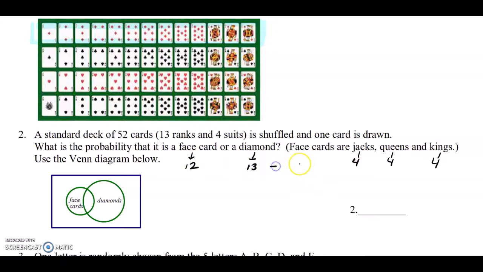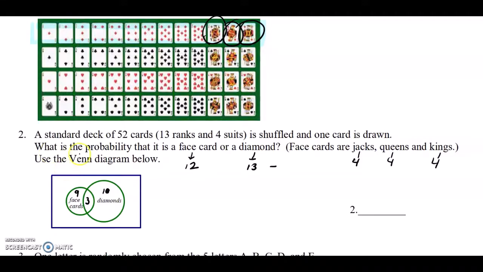We also have to subtract out the cards that are both a face card and a diamond, the 3 cards that are face cards and diamonds. So, face cards that are diamonds, we have 3. We have 10 that are diamonds that are not face cards, for a total of 13. And then face cards that are not diamonds are 9.